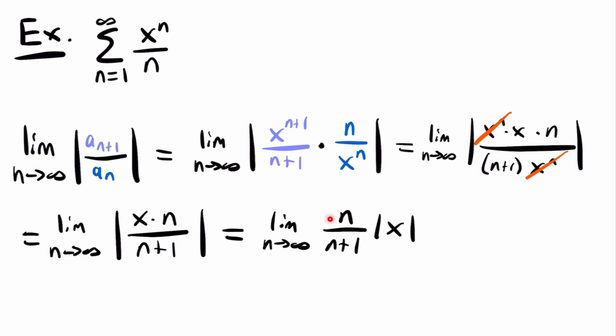We have a rational expression where the numerator and denominator are just algebraic expressions, right? We have n to the first power and n to the first power plus 1. And so a quick way to evaluate this limit as n approaches infinity is to look at the highest power of n in the numerator and denominator. In this case, that highest power of n is 1, right?